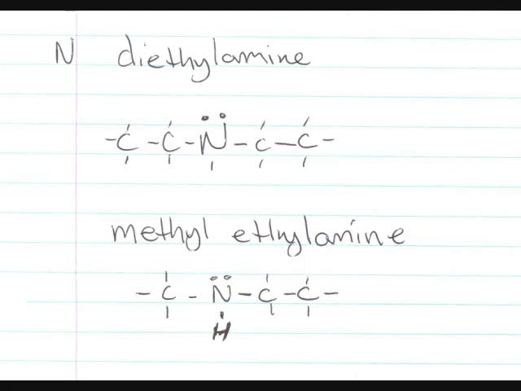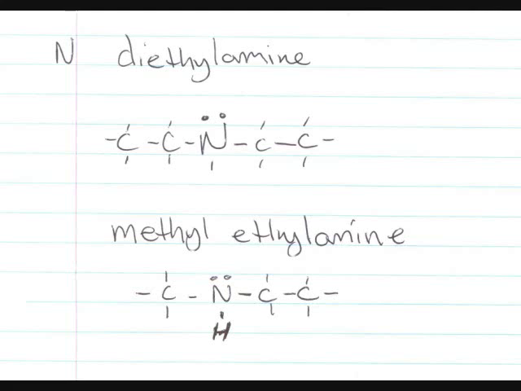Okay, this one's a little different. We know we've got an amine, which means we've got nitrogen in there somewhere. Now, when we're naming amines, think of the amine a lot of times as the central atom. So we've got an amine and a nitrogen.